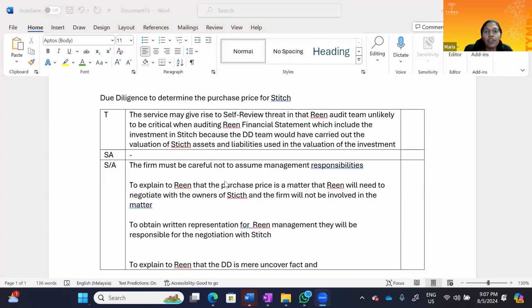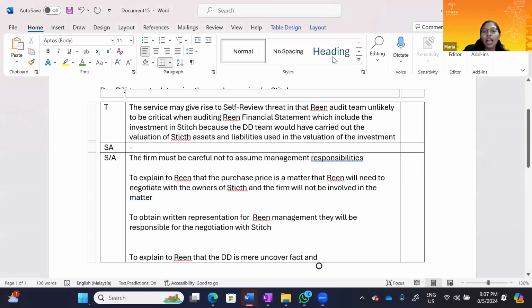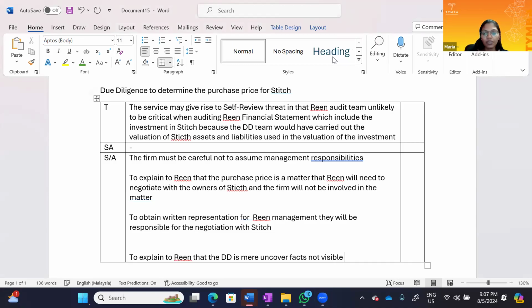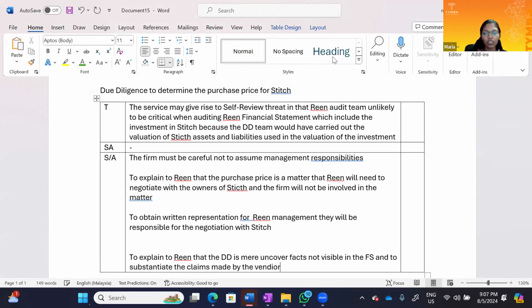Yeah, verify the claims. So explain to Rin that due diligence is merely to uncover facts not visible in the financial statements, and to substantiate the claims made by the vendor, basically by Stitch.